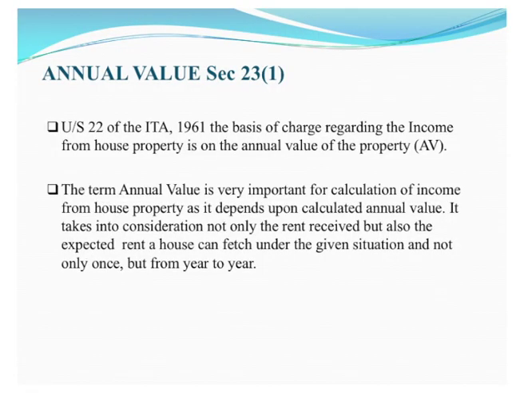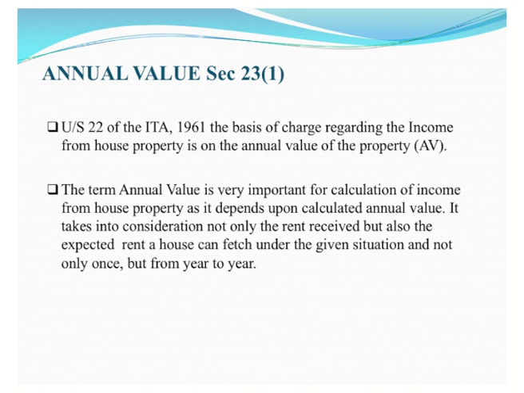Moving on to annual value, which has been given and explained under section 23 subsection 1. Students, we all learnt in the beginning that the basis of charge or the chargeability under section 22, where the value of the house property or the income from the house property is put to charge, is on the basis of annual value of the property.